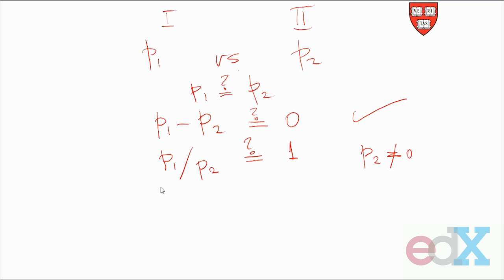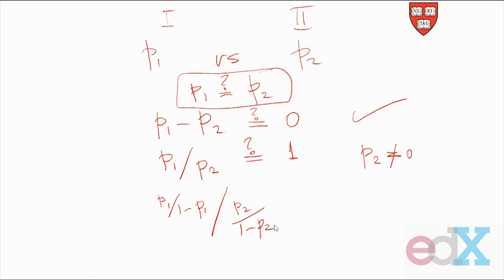So this hypothesis that the two are equal is equally validly tested by looking at the odds. Look at the relative odds under P1 and under P2, or the odds ratio, if you want to call it that, and ask, is that equal to 1?